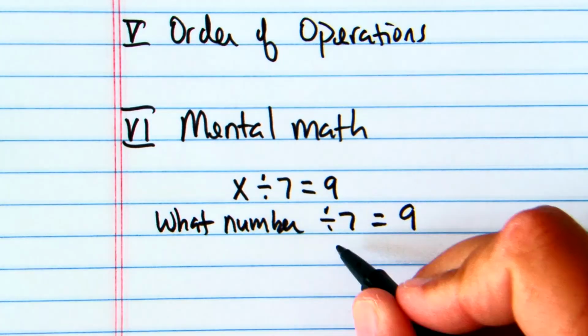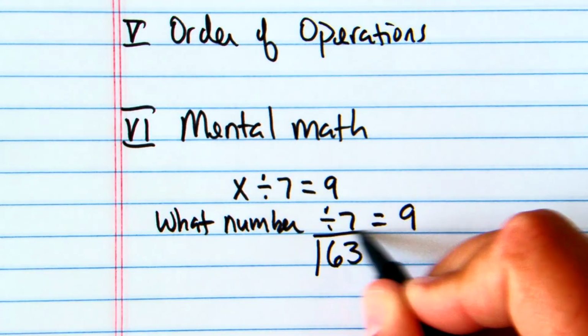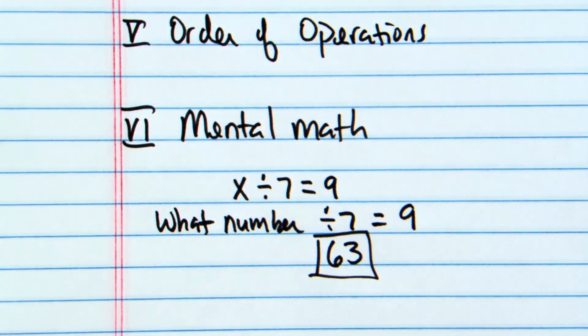I know that number to be 63. 63 divided by 7 is 9. So that helps me understand what I'm looking at. Mental math, pretty easy section.